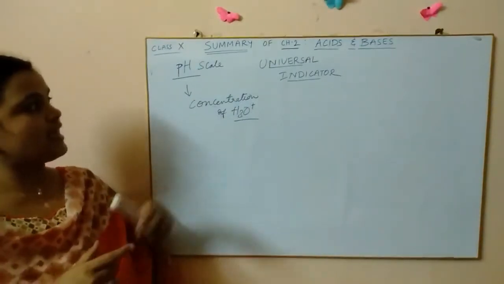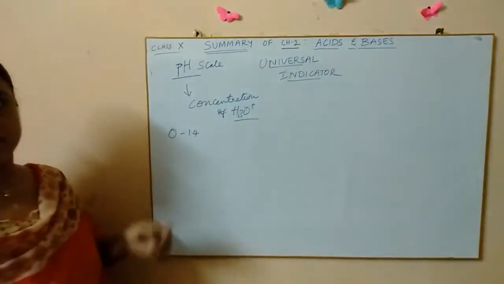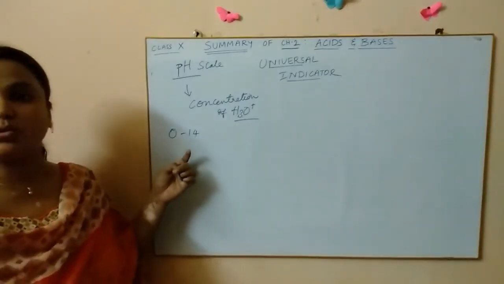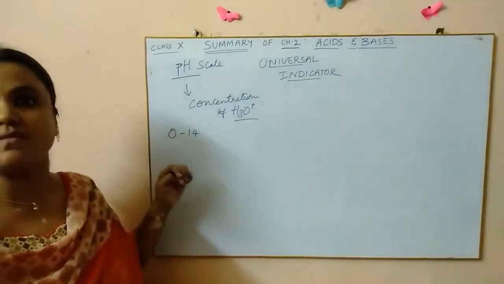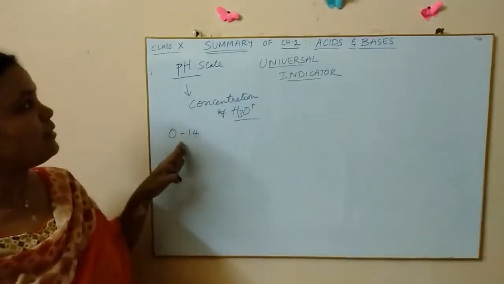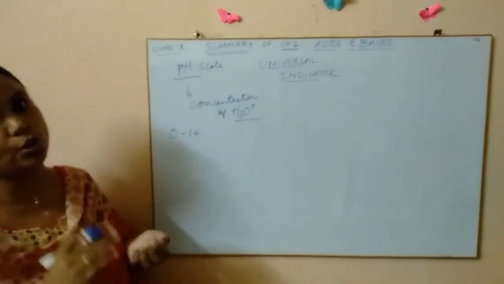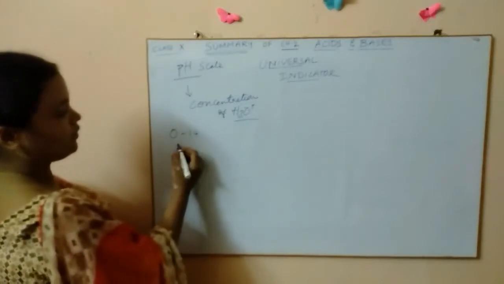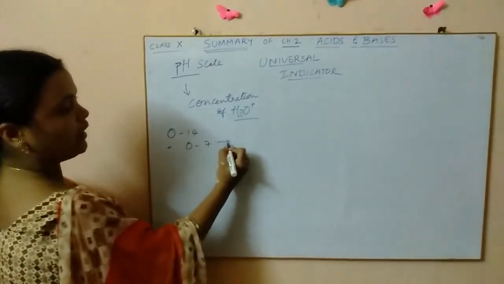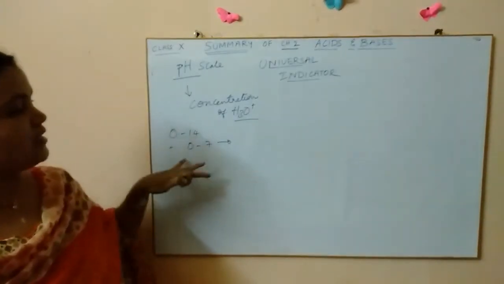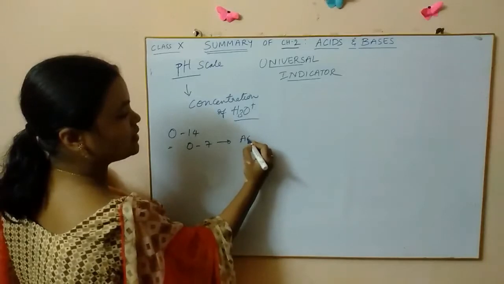You can understand that pH has readings from 0 to 14. It's like how we have units for measuring different physical quantities, like centimeters, inches, meters, etc. In a similar manner, we have the pH scale, and it has readings from 0 to 14. If the pH reading is between 0 and 7, it indicates that the solution is acidic, children.